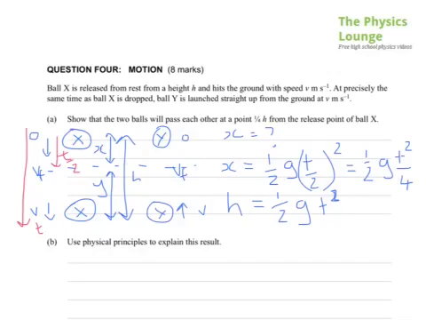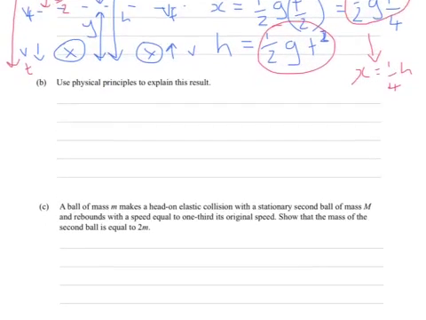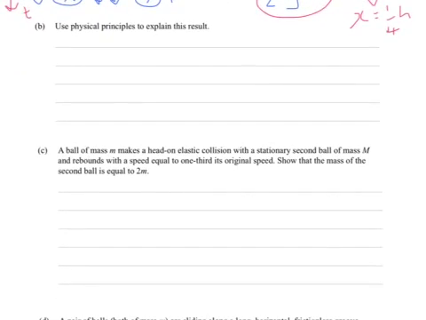And you can see from this already that there's a component of x at half gt squared, which is the h part, half gt squared. So from that we can show that x equals 1/4 times h, which I guess is what we were trying to get to. That's a much more elegant solution than the big long one I had prepared. So there you go, that's nice. You can get into tricky other ways of doing it. That's a third way I've seen that done, but that's the shortest as well.